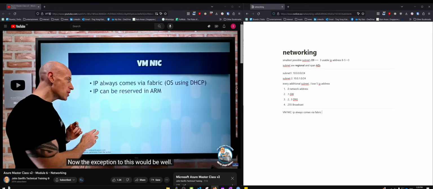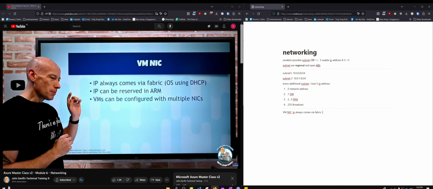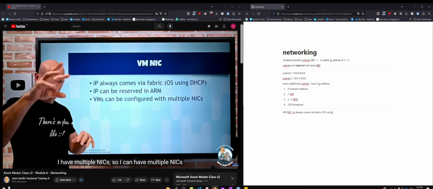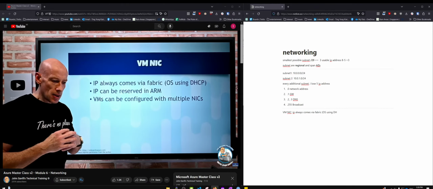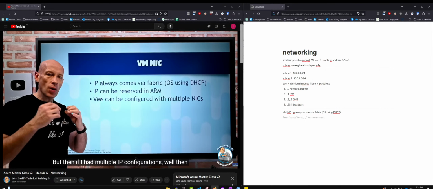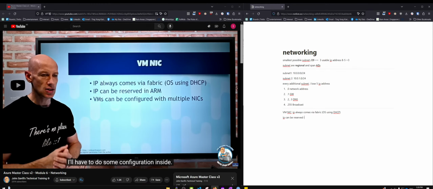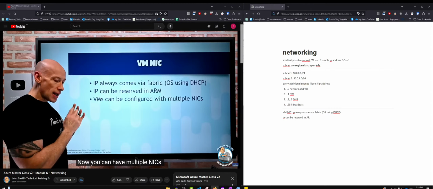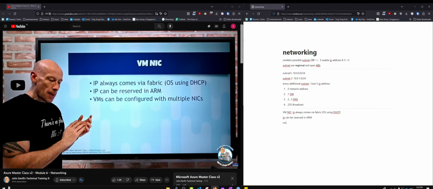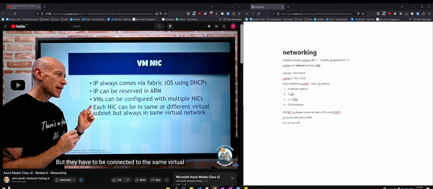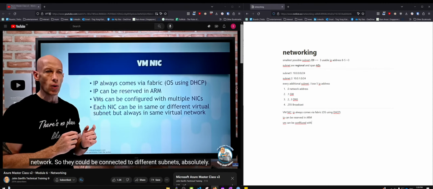Now the exception to this would be, well, I have multiple NICs, so I can have multiple NICs connected to it, but then if I had multiple IP configurations, well then I'd have to do some configuration inside. Now you can have multiple NICs, but they have to be connected to the same virtual network.